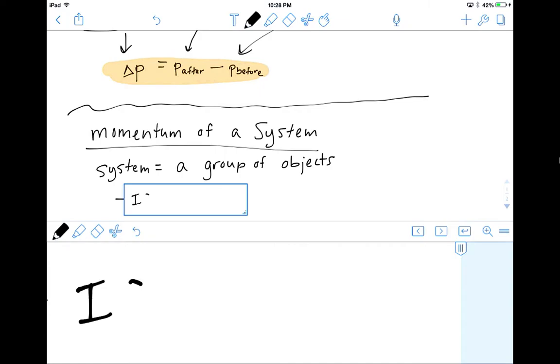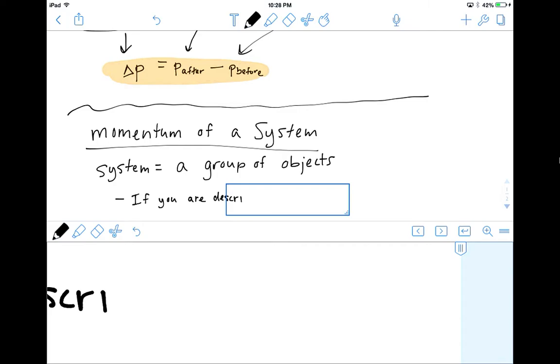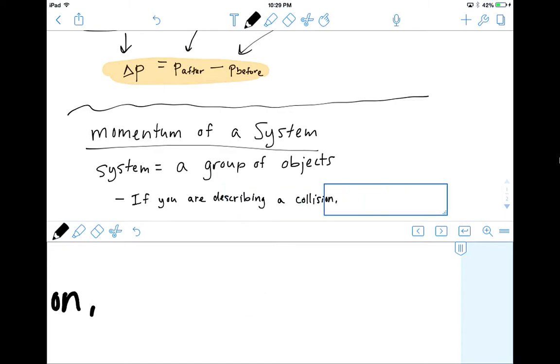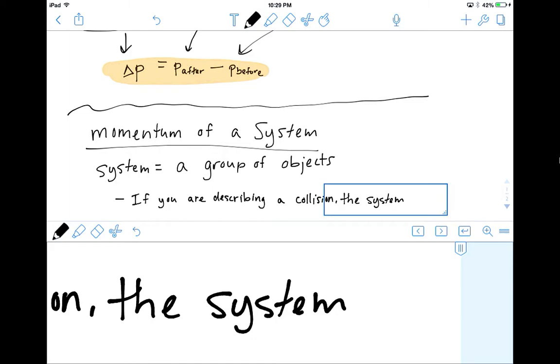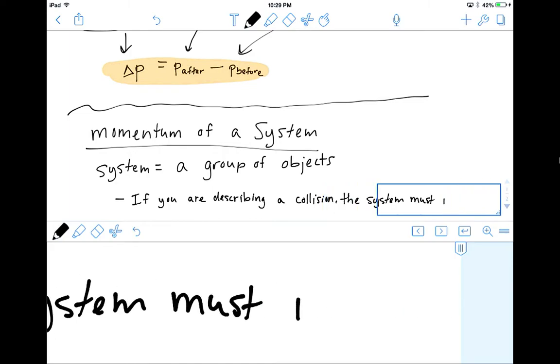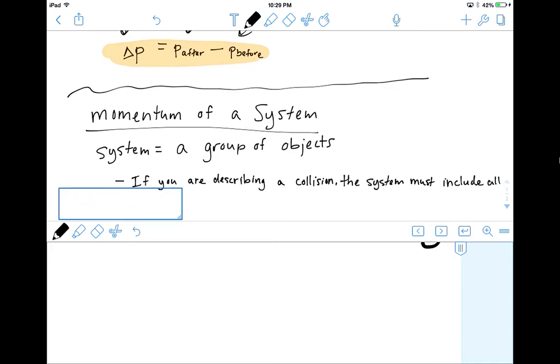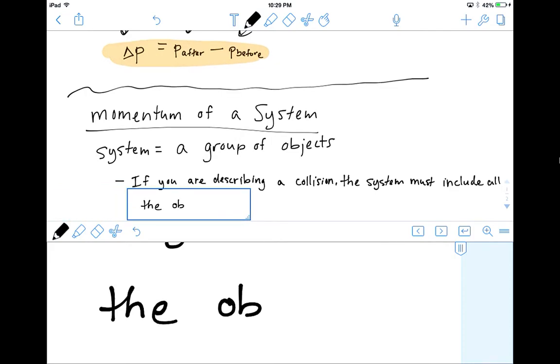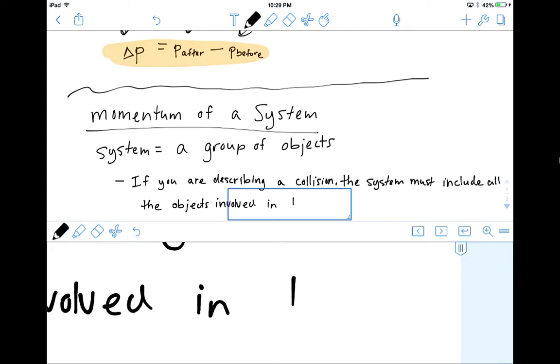So we need to keep this in mind, that if you are describing a collision, the system must include all the objects involved in the collision.